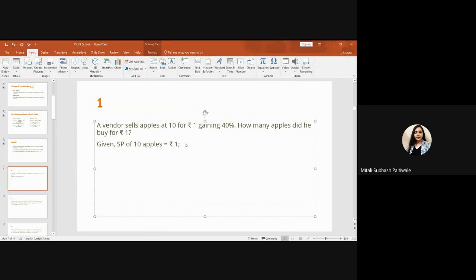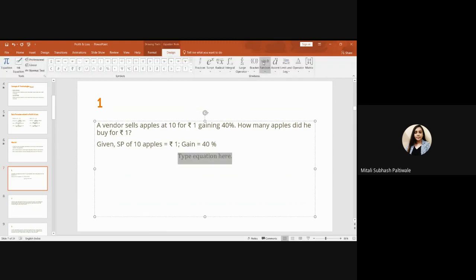Gain is equal to 40%. Now we have to find how many apples he bought for rupees 1. So now I'll put down some equations and formulas over here.